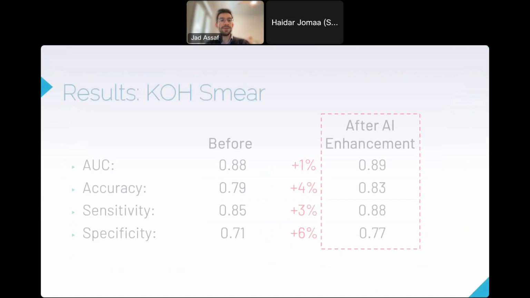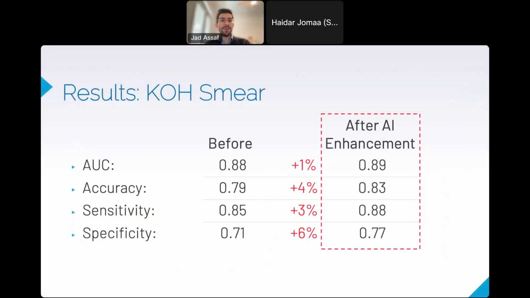What if we evaluate these diffusion models on our data sets? Do they have any meaningful improvement beyond the visual? So what we did is we took the fungal keratitis data set that we had and we induced enhancement with our diffusion model to this data set.